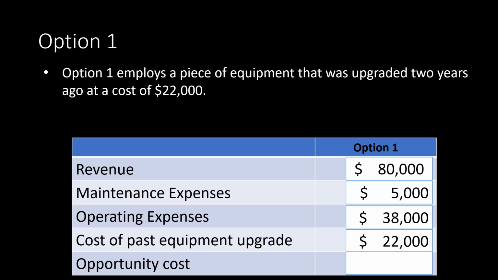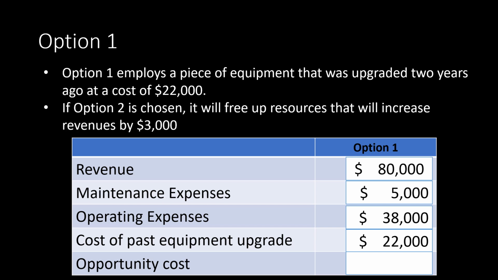If option 2 is chosen, it will free up resources that will increase revenue by $3,000. That will be an opportunity cost and it is included in option 1 as opportunity cost $3,000.